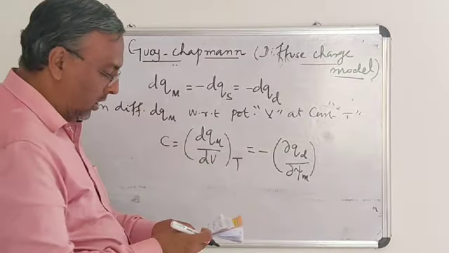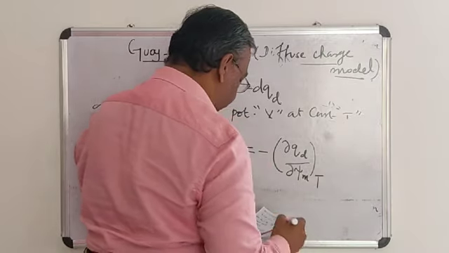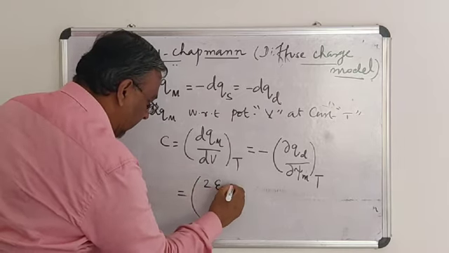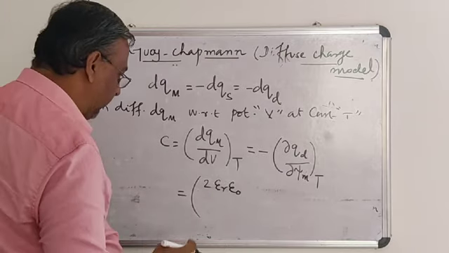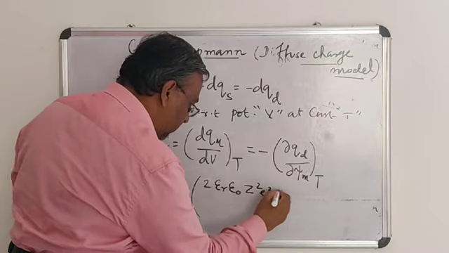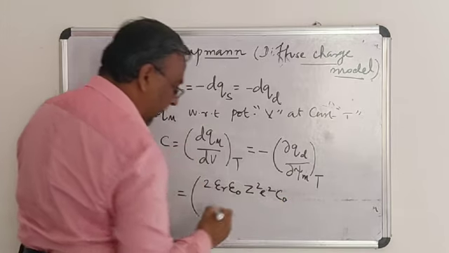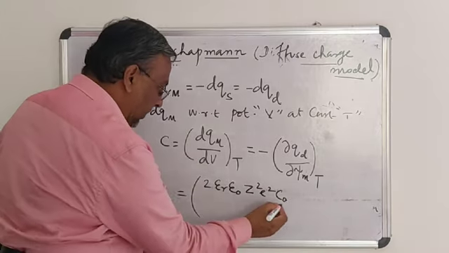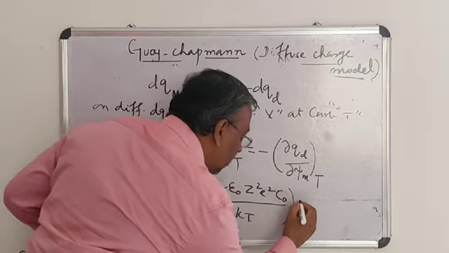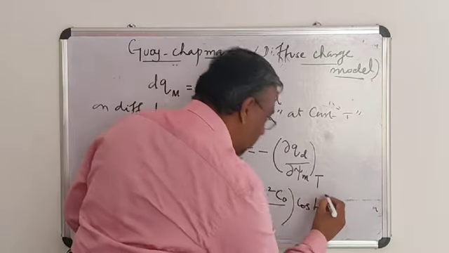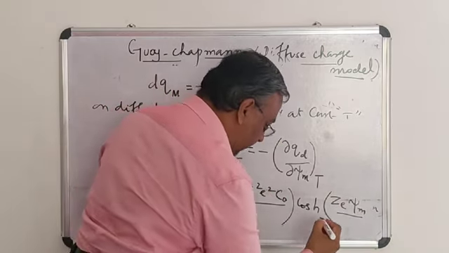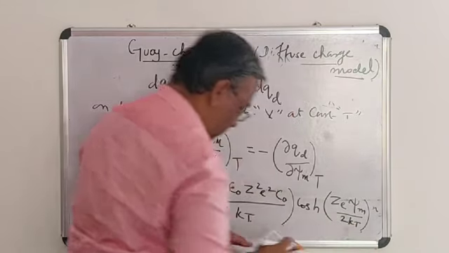The potential of an ion at constant temperature is given by 2 epsilon r epsilon 0, the relative permittivity of air and the permittivity of space, z square e square, electronic charge, concentration of the ith ion in the bulk of the solution divided by kT, into cosh of Ze psi m divided by 2kT.